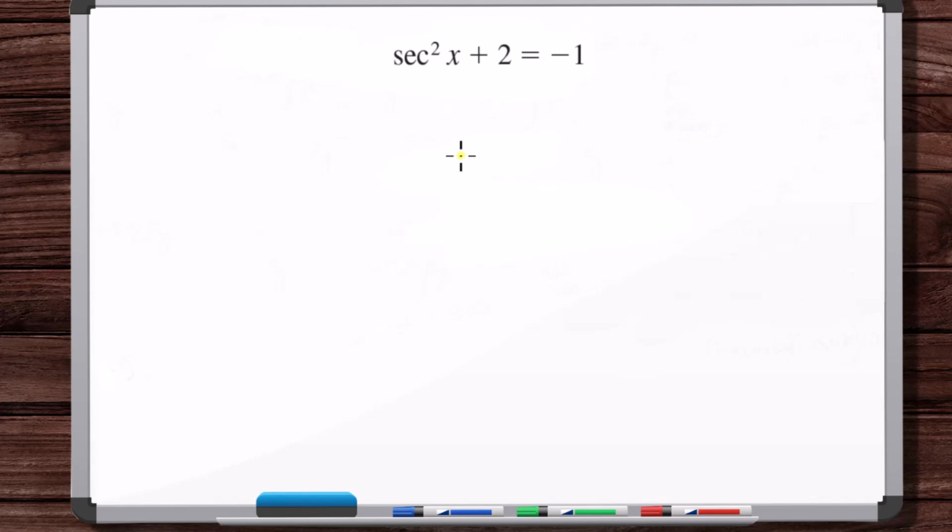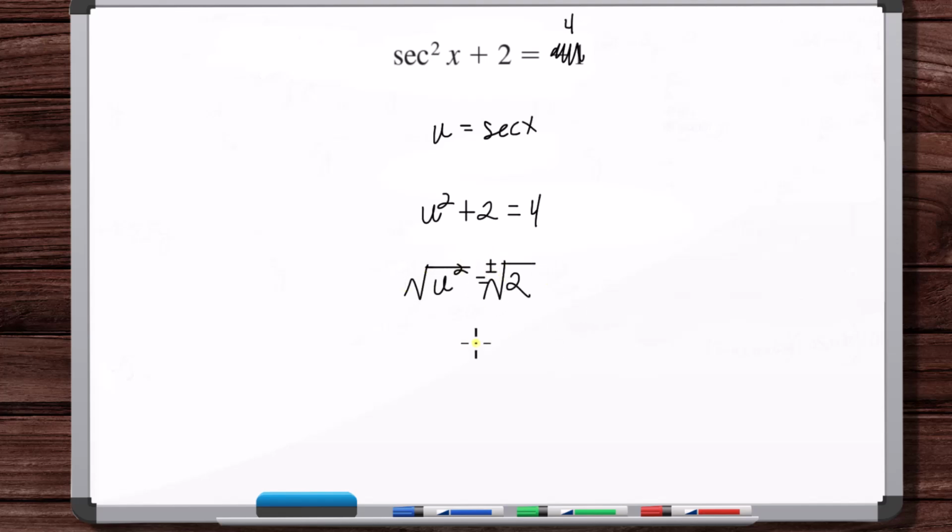So let's say this was 4. Okay, u is equal to secant x, so u squared plus 2 is equal to 4. Subtract 2 from both sides. Take the square root of both sides.